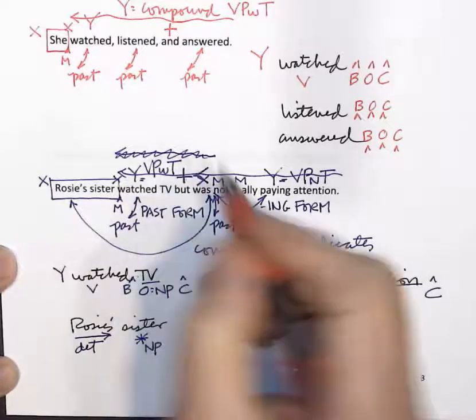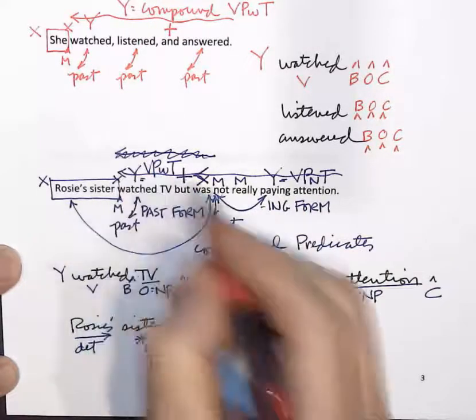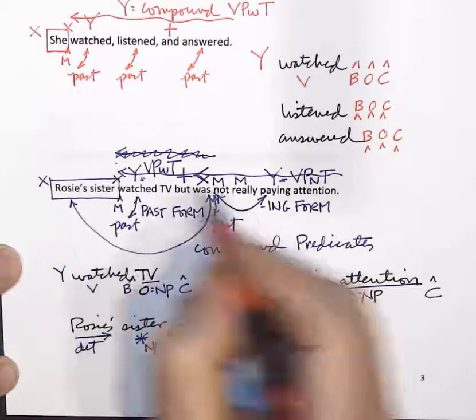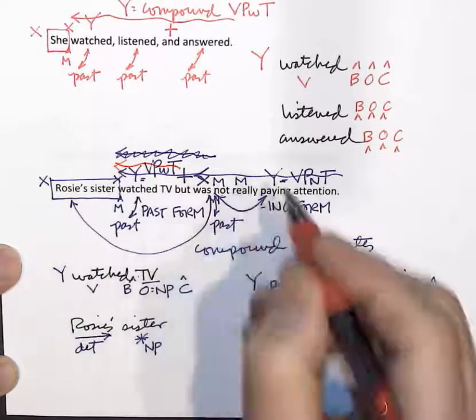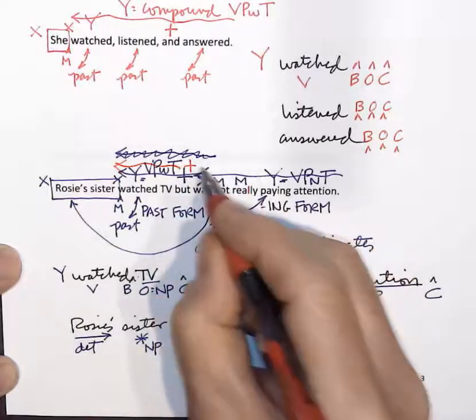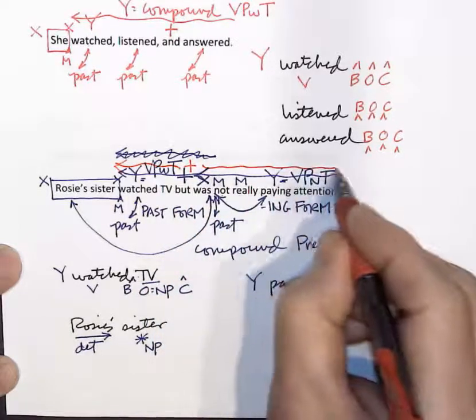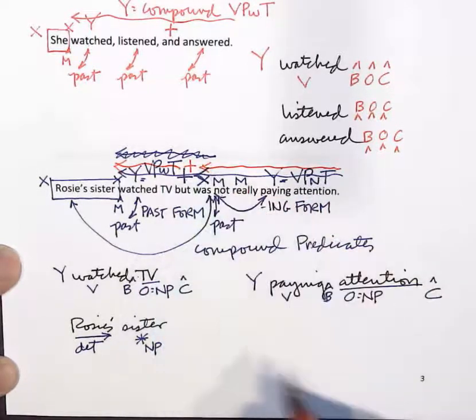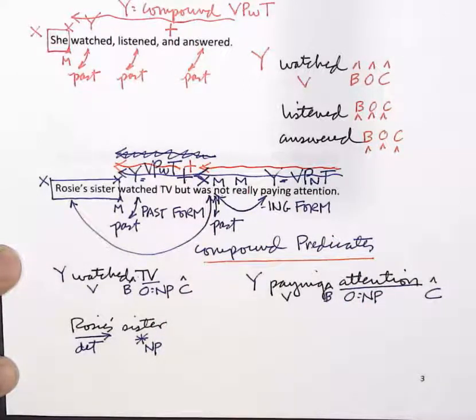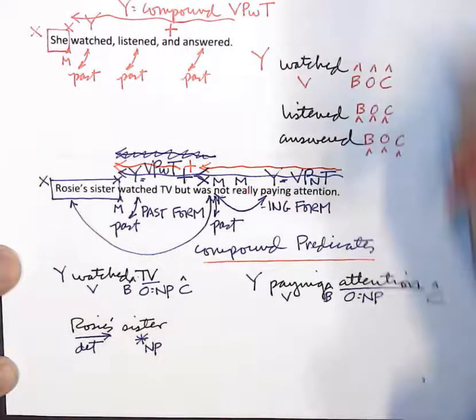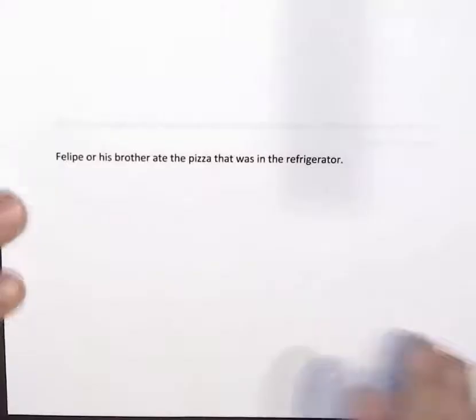I made a mess out of this, but we could show it as something like this. Here's one predicate with a coordinator joined with a second predicate. It's compound predicates. Okay, please stop the video, do the next sentence, and come back.